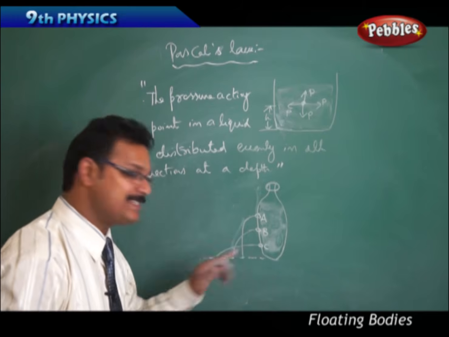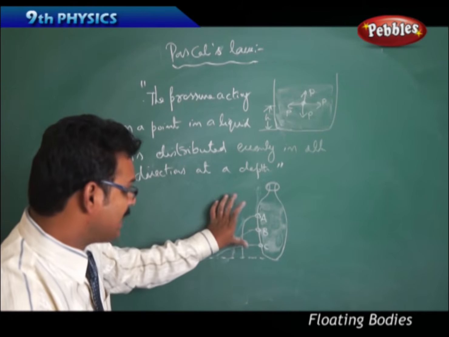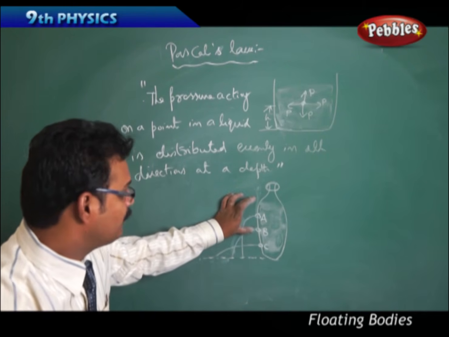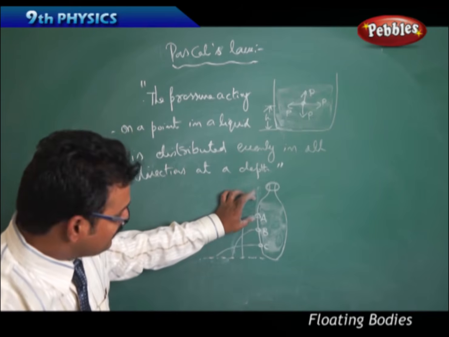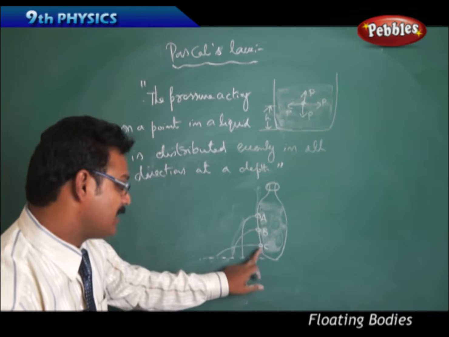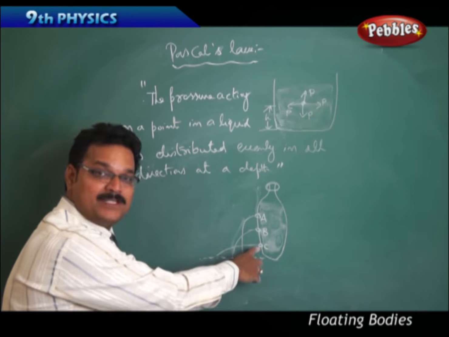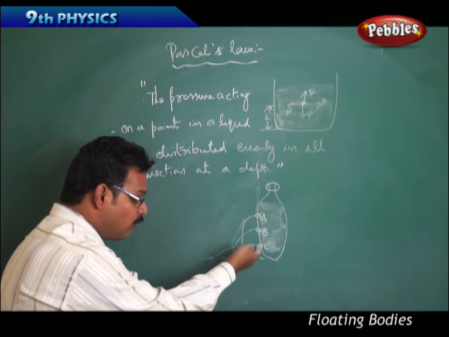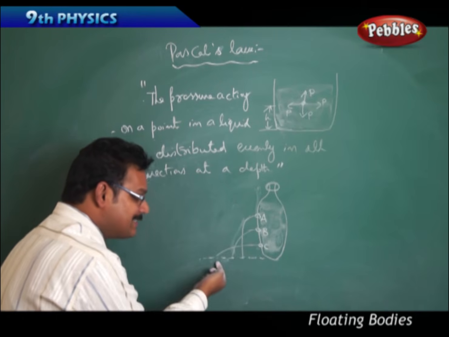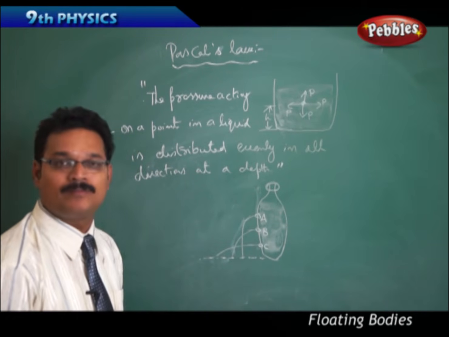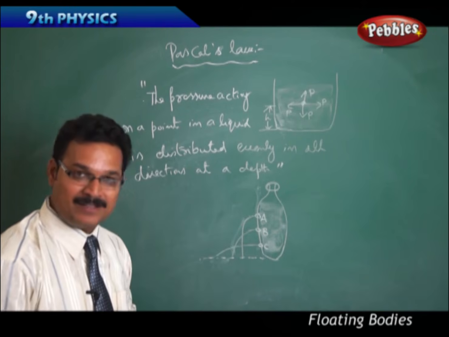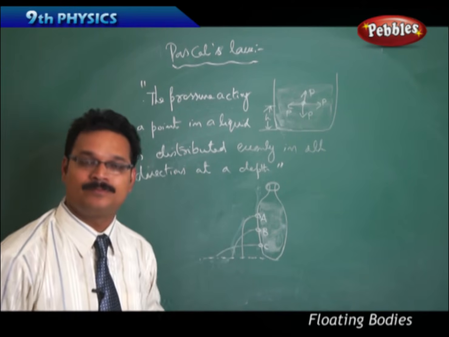Obviously, point C. Why? Because point C has greater depth than point B and point A. So when the depth increases, the pressure acting at that point also increases. So at point C, more pressure is applied. That's why the water flows over a larger distance than at A. So this simply says that Pascal's law is true.